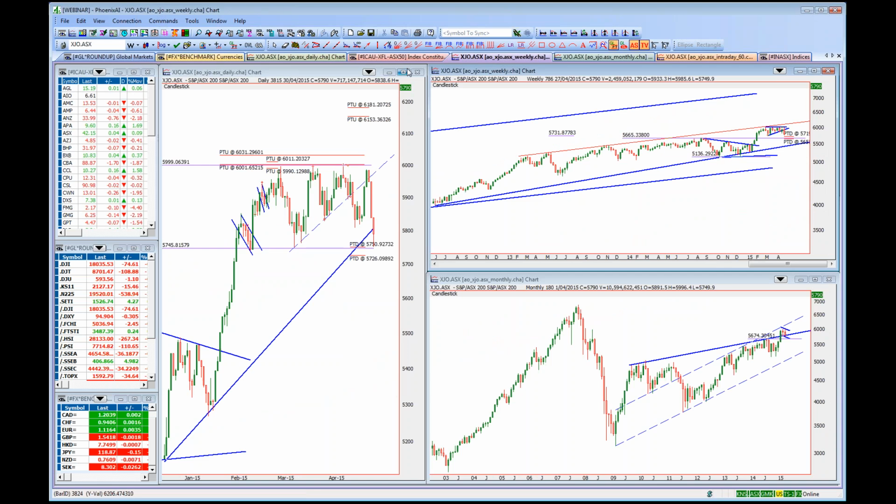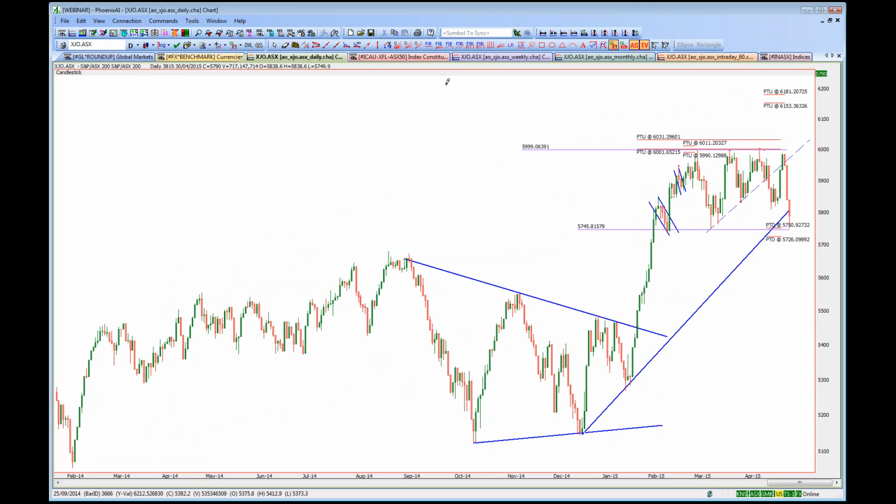Daily. What do we see here? Consolidation phase, don't we? Okay. We had targets on this. Once it broke, let me just redraw it a little bit better, however.